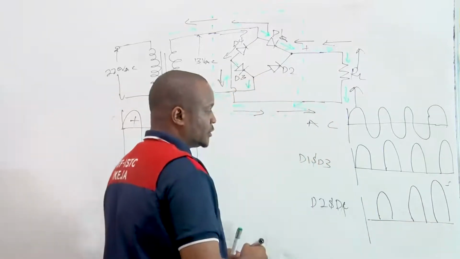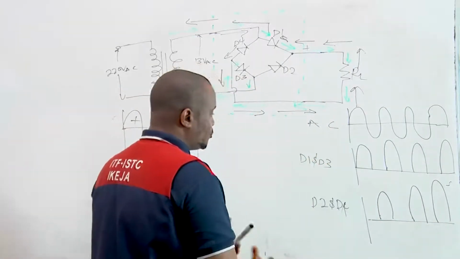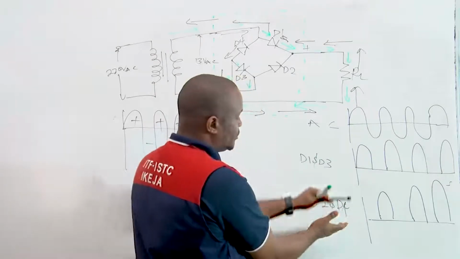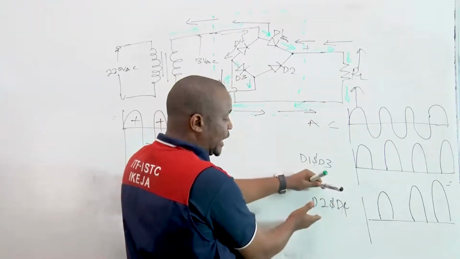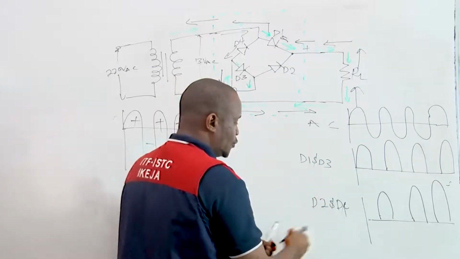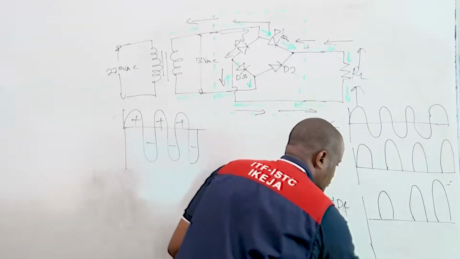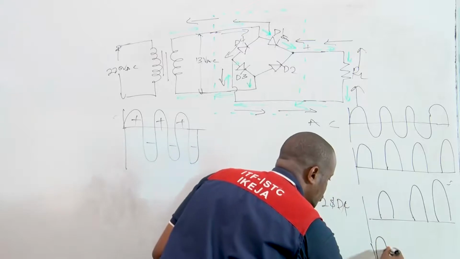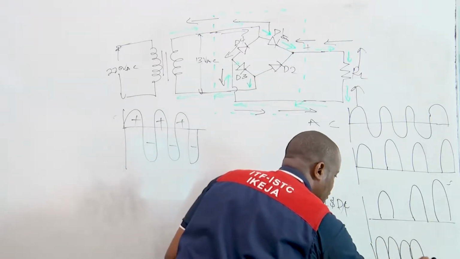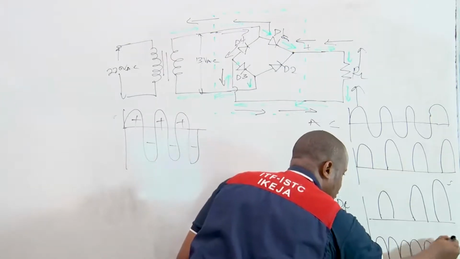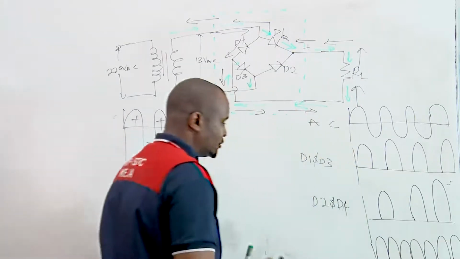Now, putting together the output waveform of D1 and D3, plus the output waveform of D2 and D4, will give us a continual supply of current to the load. Can you see that?